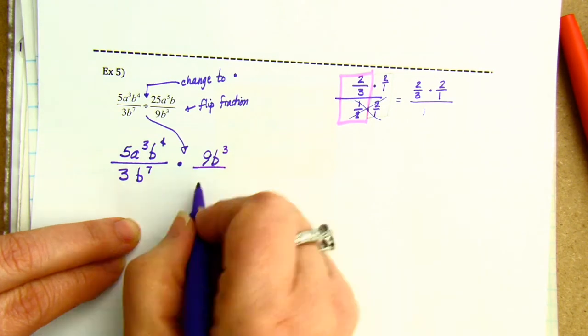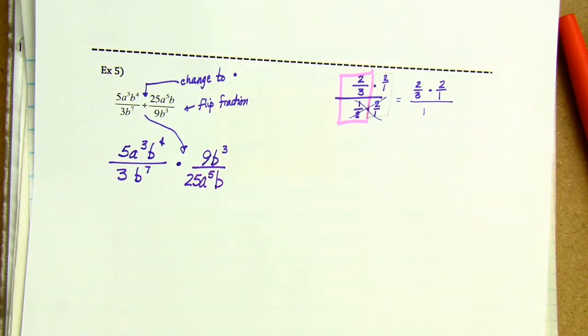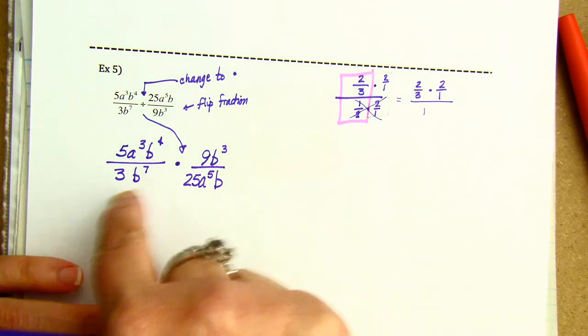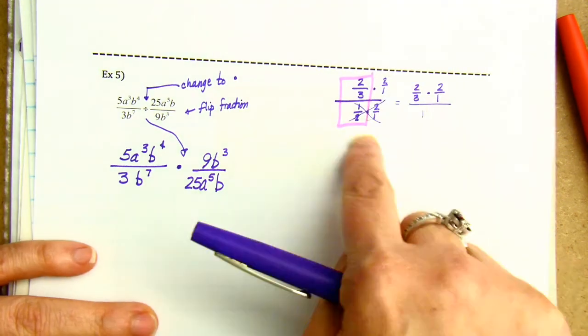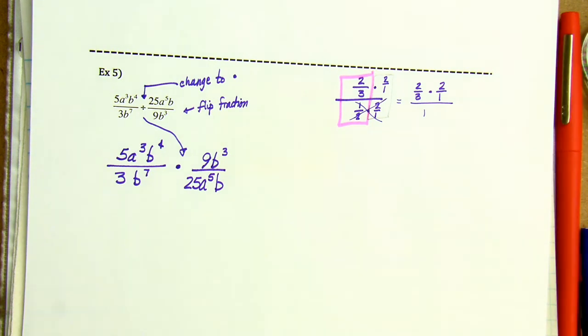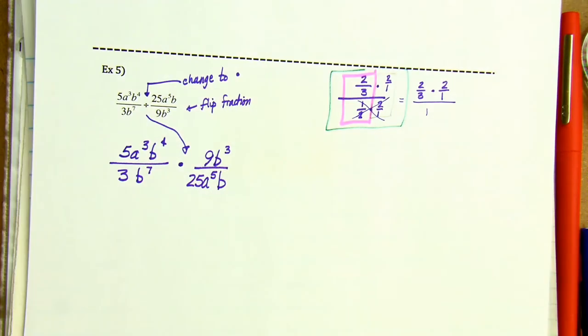The 25, a to the 5th b goes to the bottom. All I did was change the division to multiplication and inverted the divisor. Because what I'm really doing when I do that is this. Okay, I'm really doing this whole entire thing right here without showing all that work.